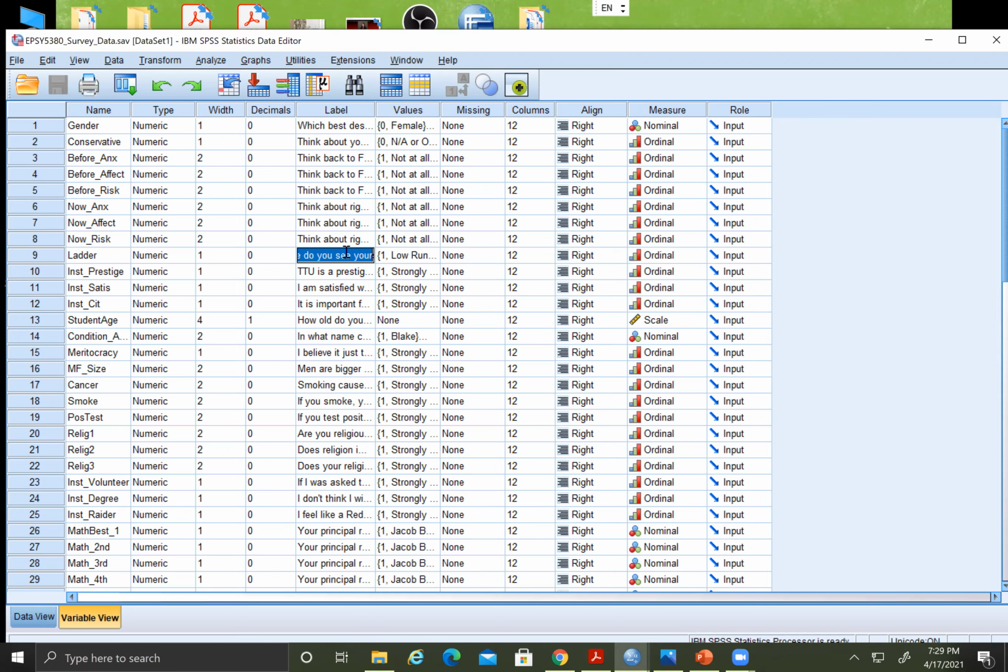Usually you can copy and paste, or highlight the cell and use the little drag to make it longer so that you can see it.